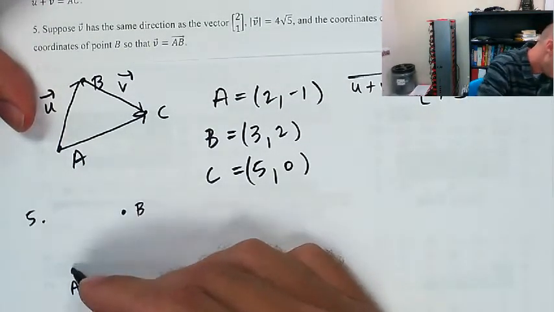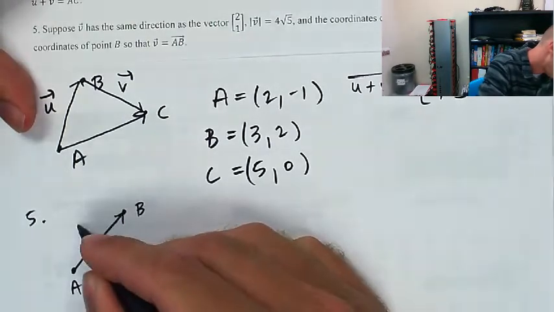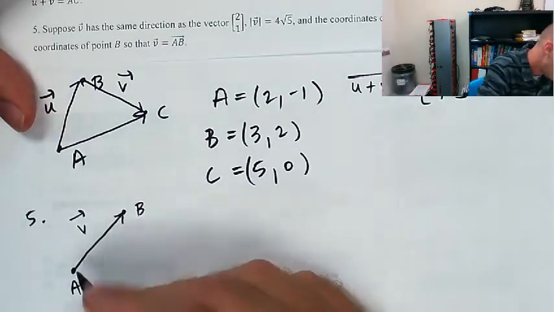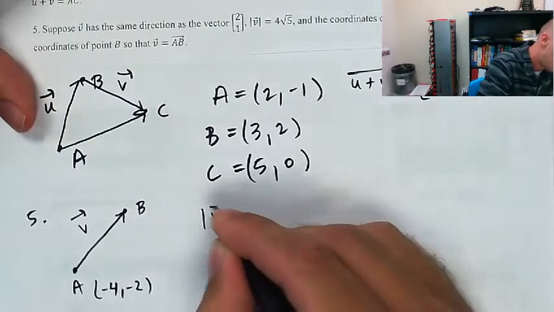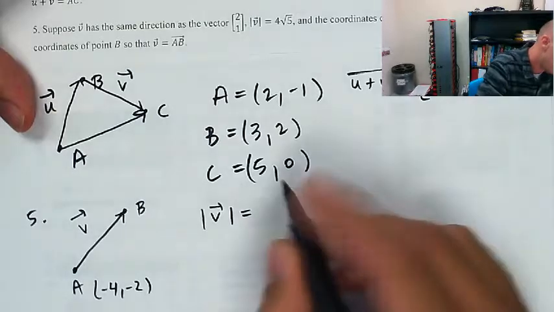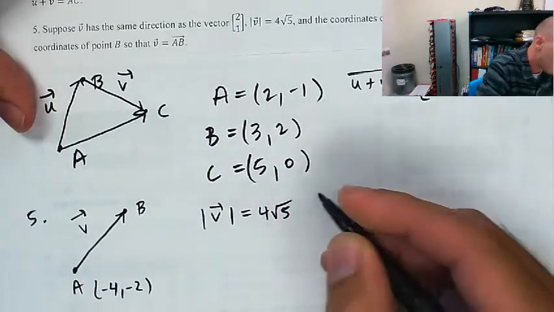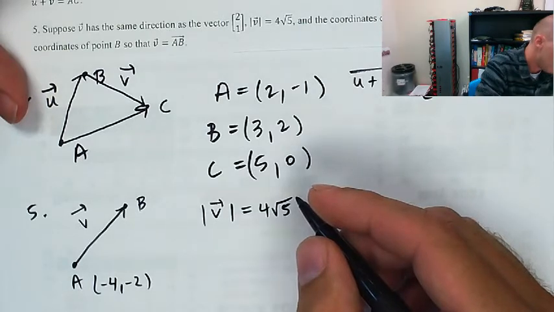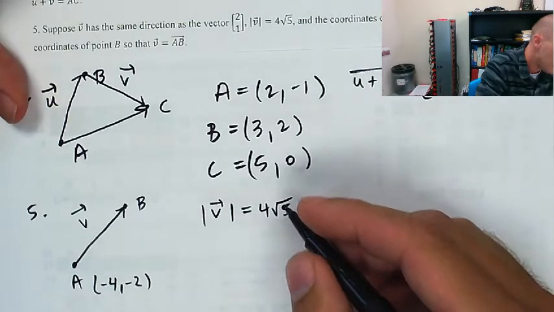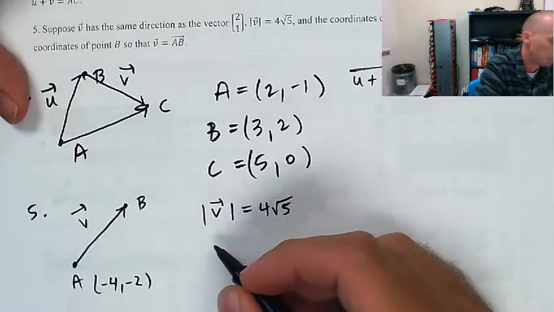V is equal to AB, so I'm going to put that in there. A is -4, -2. Length of V is equal to 4√5. And then V is in the direction of 2, 1.